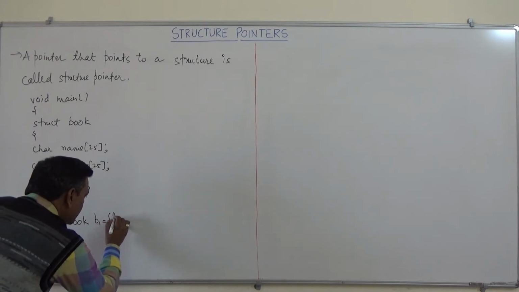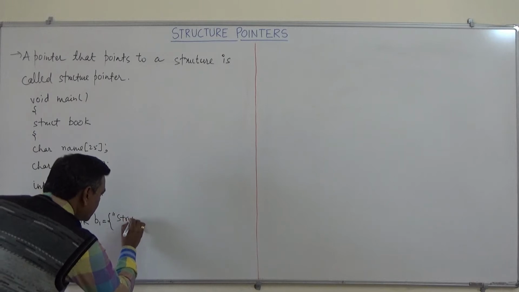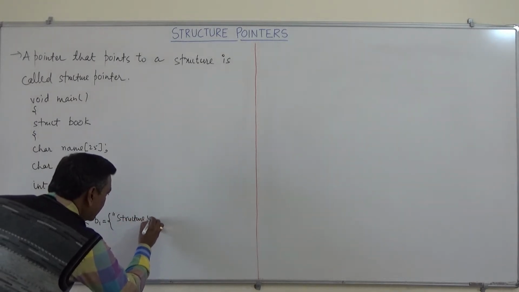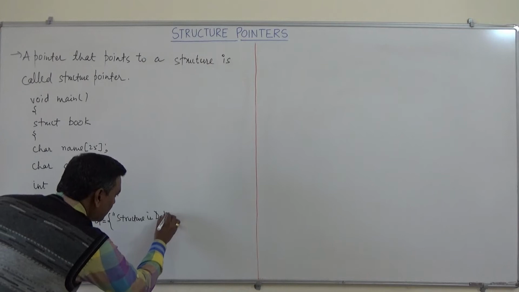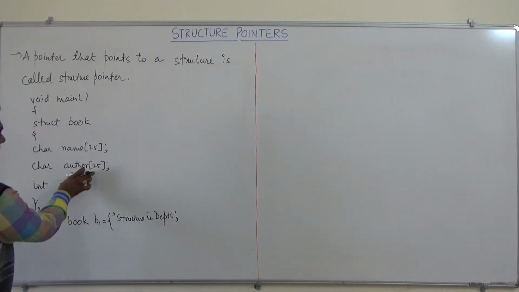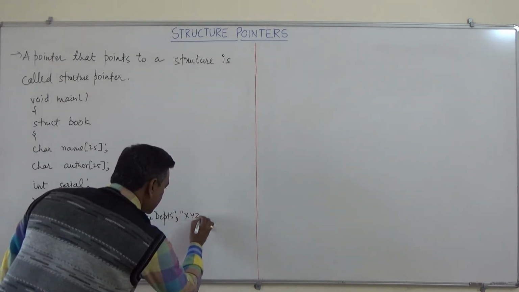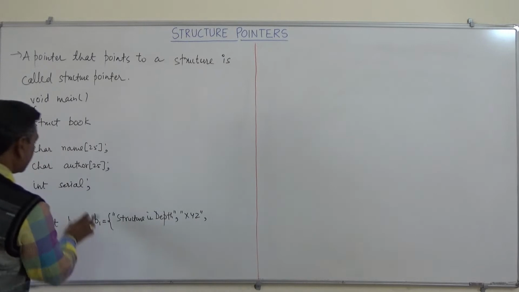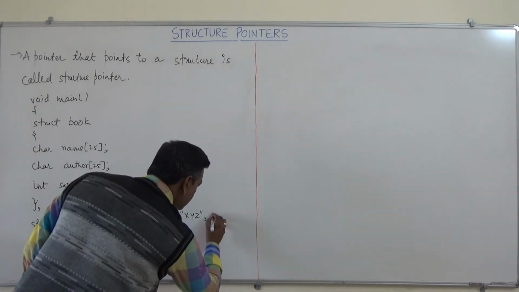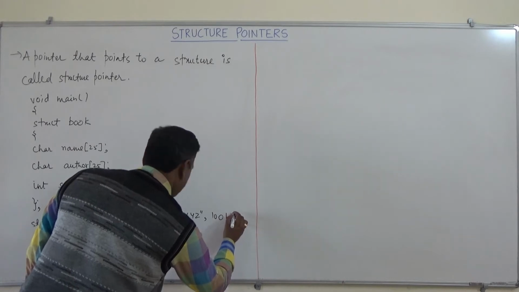So the name is Structure in Depth, the author name is, say, XYZ, and the serial is 1001.